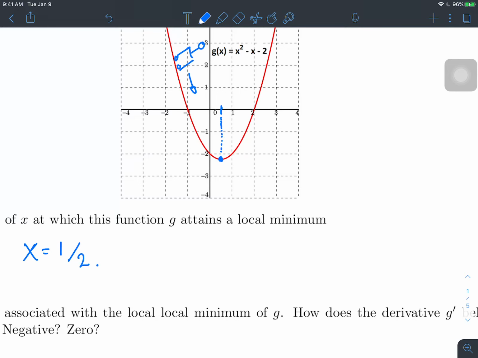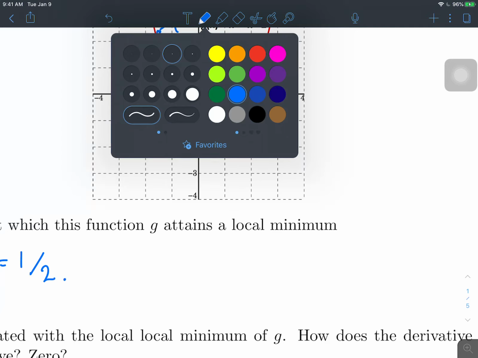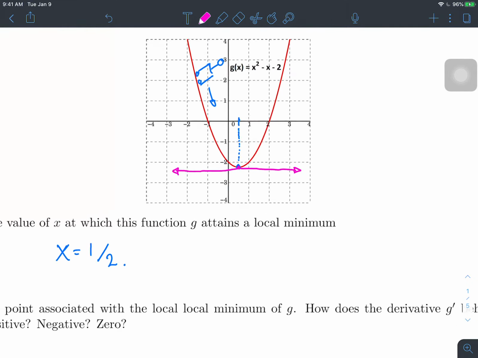It will be 0. Here's why. If I were to draw in the tangent line here, what would it look like? Remember, a tangent line is a straight line that just comes in and barely touches the graph one time. If we do that at this point, the line is going to look completely horizontal.